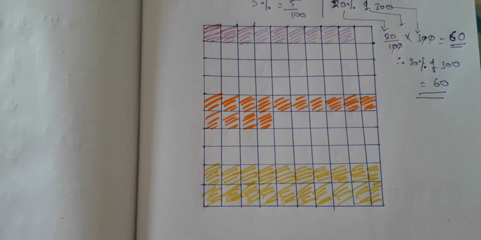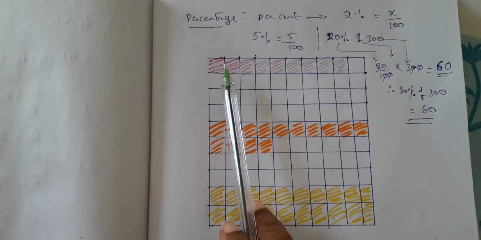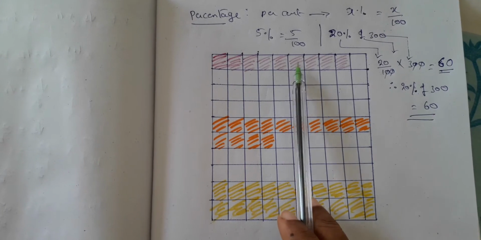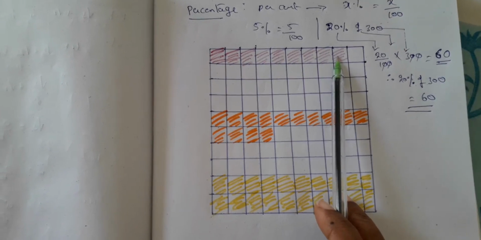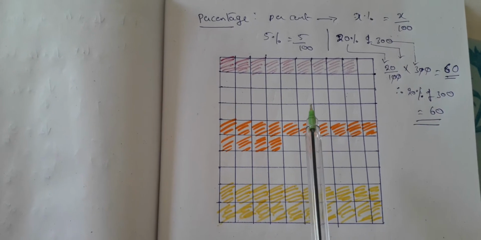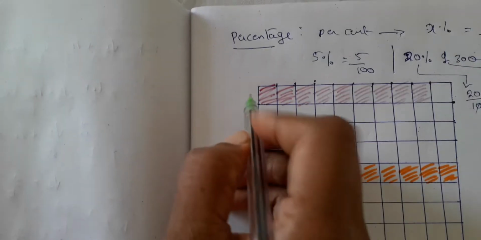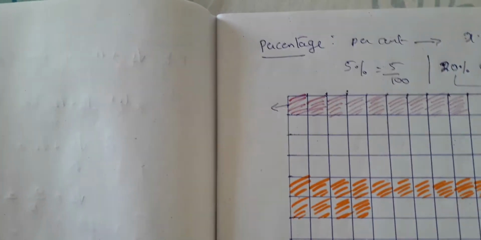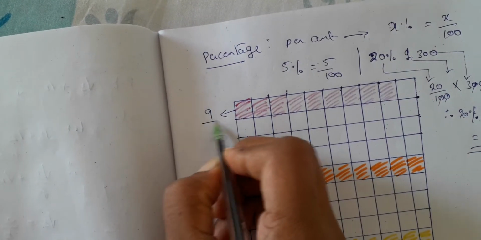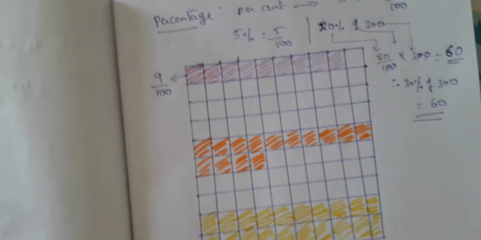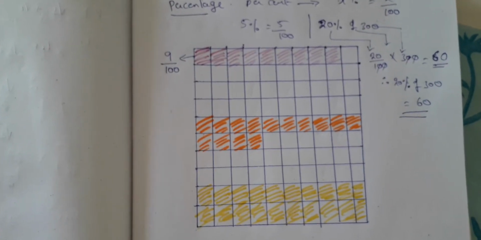Now if you see the first one, how many are there? 1, 2, 3, 4, 5, 6, 7, 8, 9. 9 out of 100 are colored pink. So how do we write it in the fraction form? It is 9 by 100.